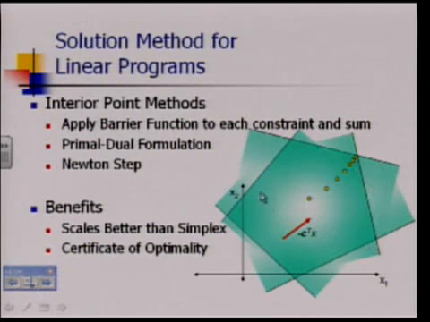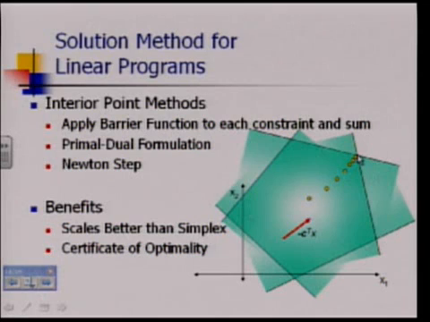It's based on starting from some interior point, and each step tries to improve a little bit by changing the so-called barrier function to the original linear program, and then basically eventually approaches one extreme point.